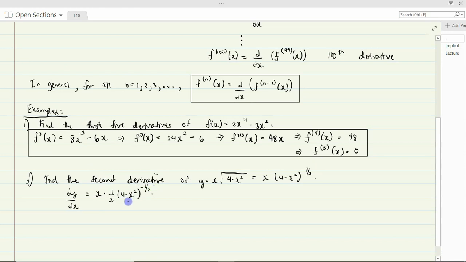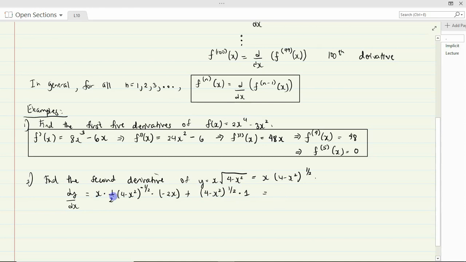Times, yung derivative ni 4 minus x squared, you have derivative ni 4, which is 0. Derivative na negative x squared is negative 2x, so you have negative 2x. Plus, this time, ang ating stay ay ang 4 minus x squared raised to 1/2, and then you differentiate x, which is just 1.